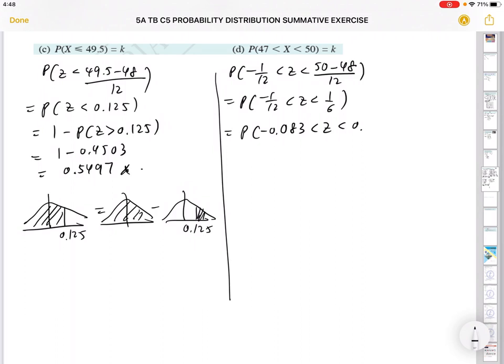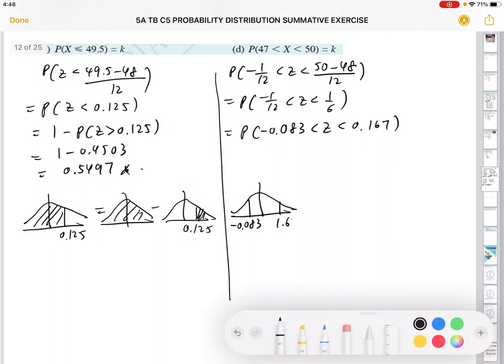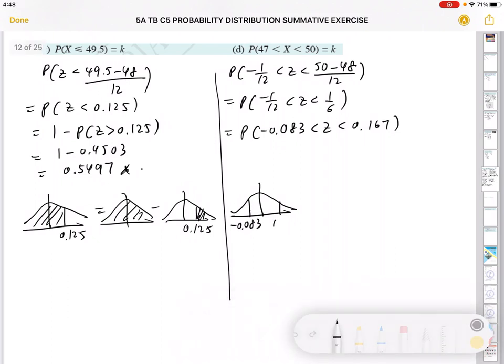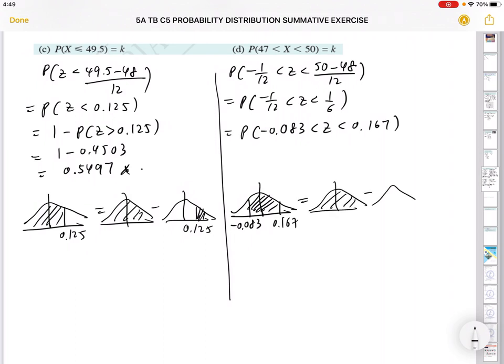In this case, you can see that it's between one negative value, negative 0.083, and one positive value, 0.167. So if it's in between this, you have to take 1 minus the left, which is 0.083, and minus the right hand side, which is 0.167.